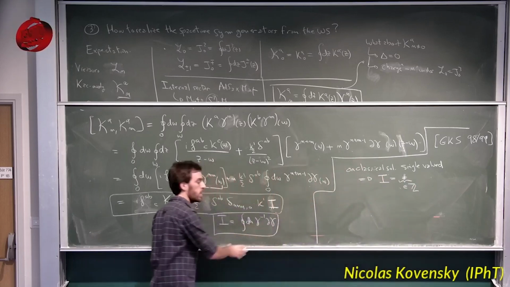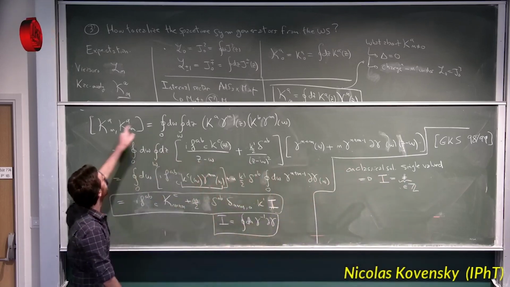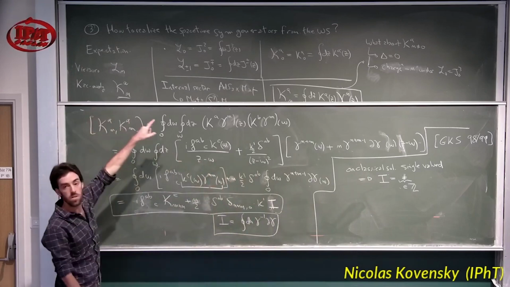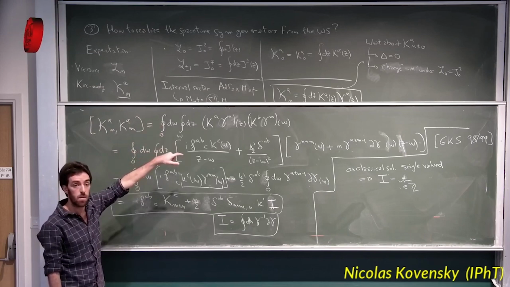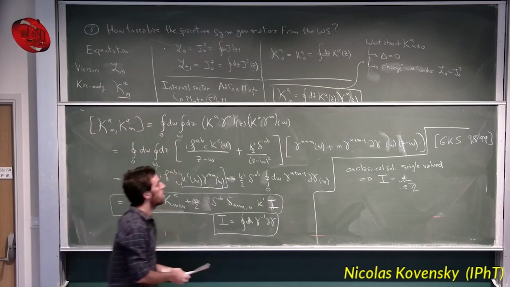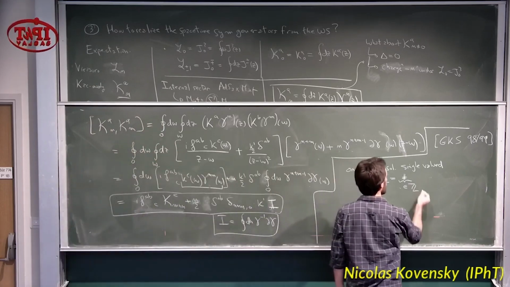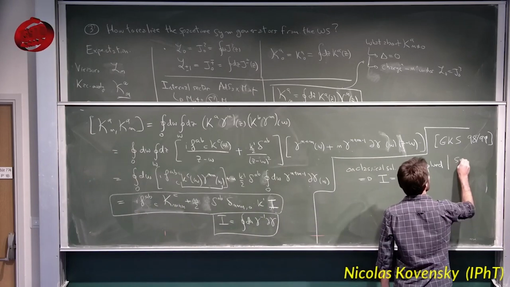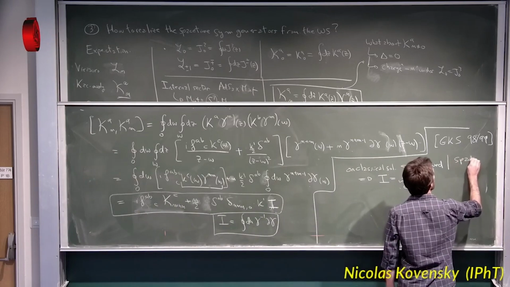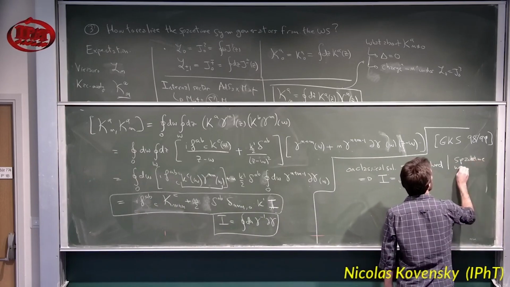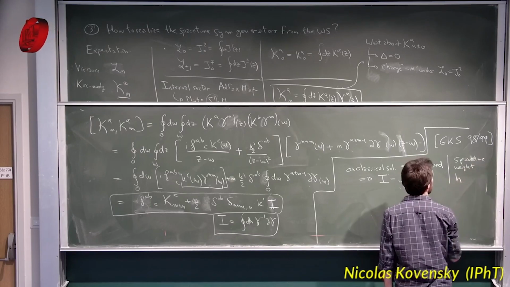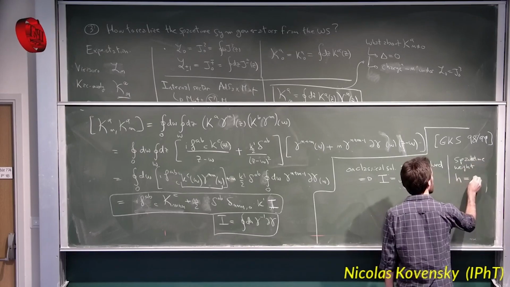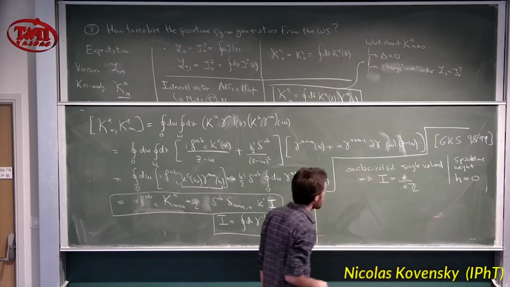And also you can check that under the action of the L0, so of J03, this has no charge, right? Because I have a gamma minus 1 and a gamma, so there's no charge there. So this has spacetime weight, which I'm usually going to call H, as in the first lecture, 0.